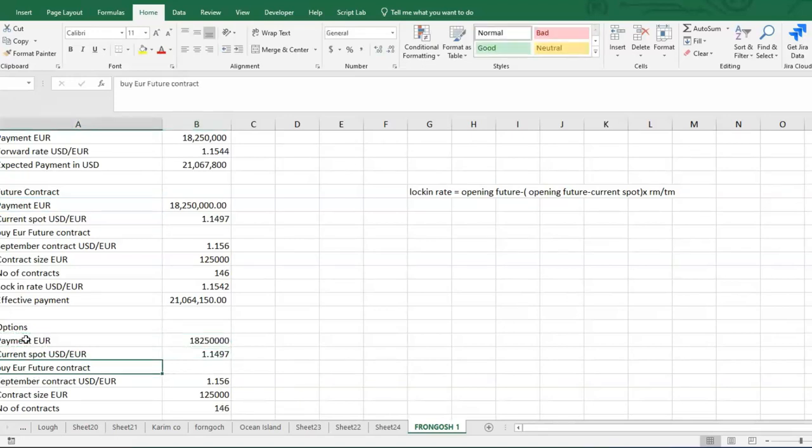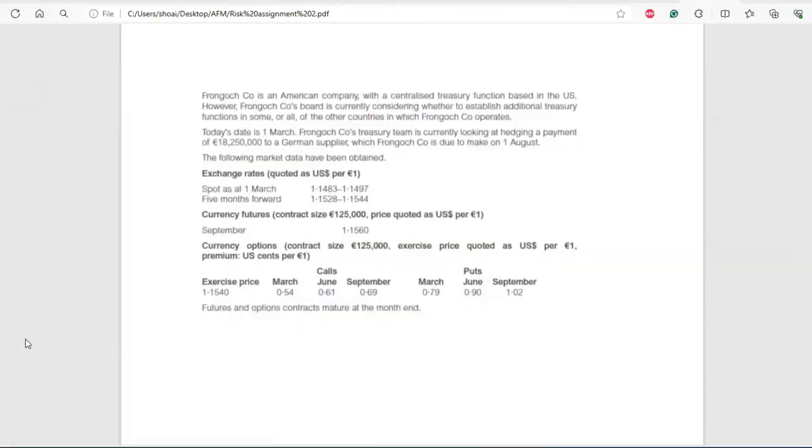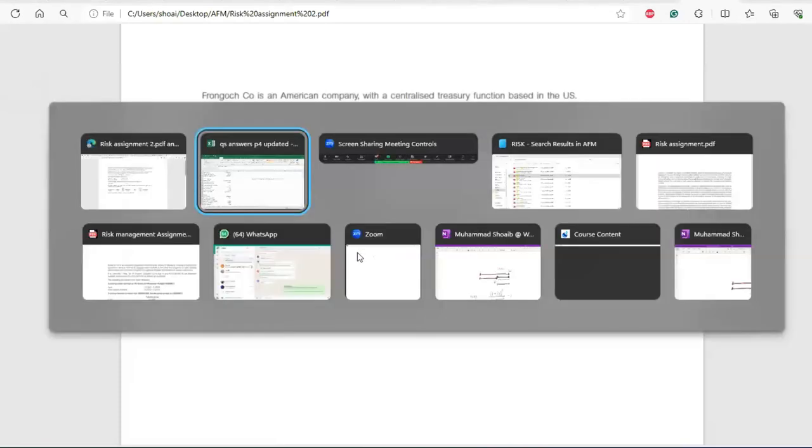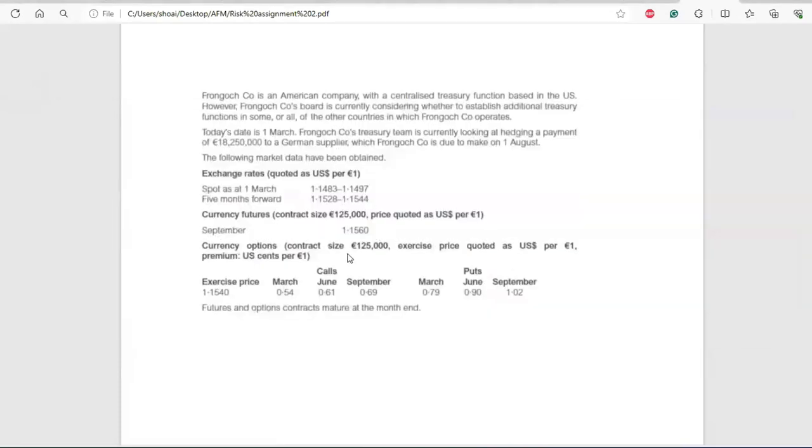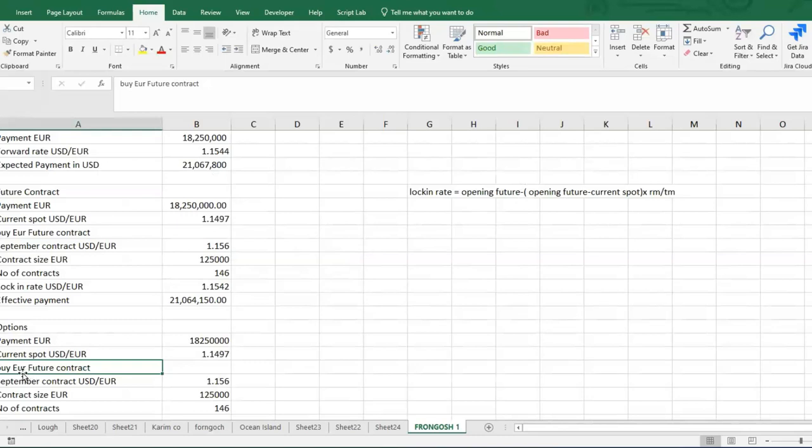Current spot. Buy. As we are buying the euros, it would be euro call option. Contract size is euro. We have to buy the euro in order to pay. So remove this word buy, euro call option.